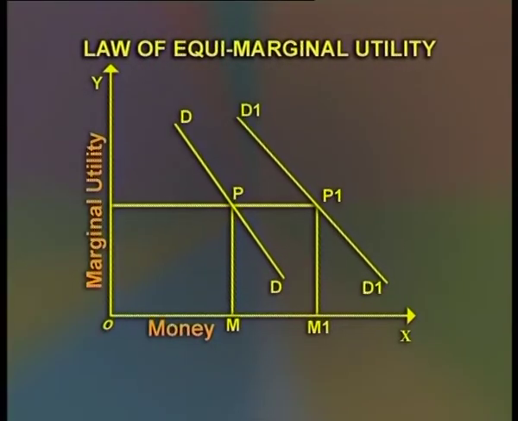This graph explains clearly that once a consumer reaches a point where the marginal utilities from the various commodities that he consumes are equalized, then he should stop, or he should be at equilibrium, because that is where he maximizes his satisfaction.